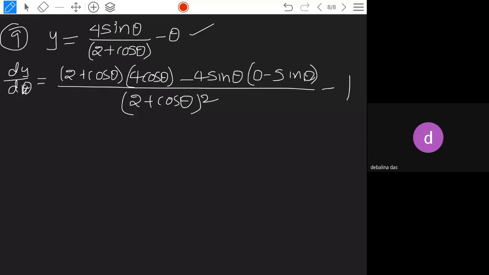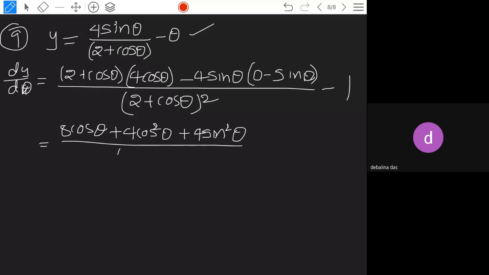Now simplify this. There is no need of simplifying this completely, because it takes a little bit lengthy. Whenever you consider 8 cos theta plus 4 cos square theta plus 4 sin square theta by 2 plus cos theta whole square, minus 1 as it is you write here.